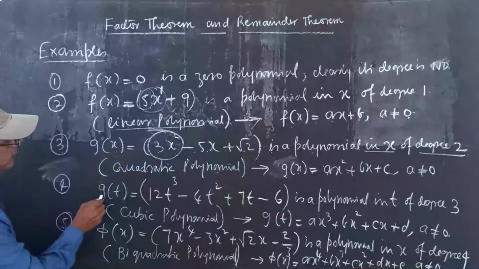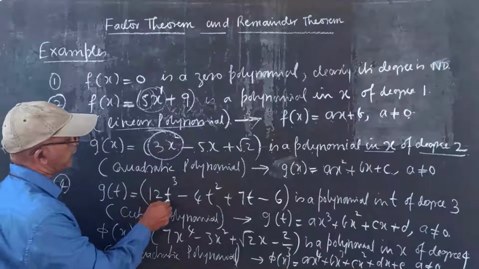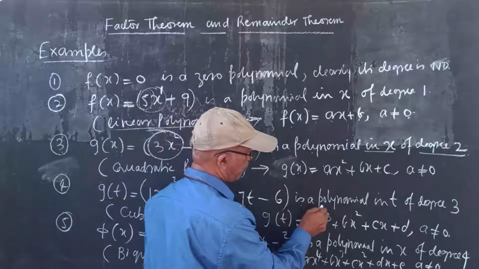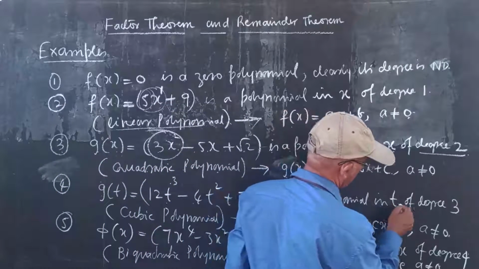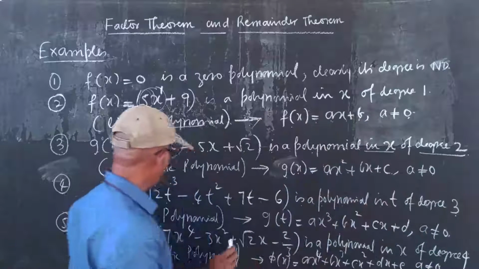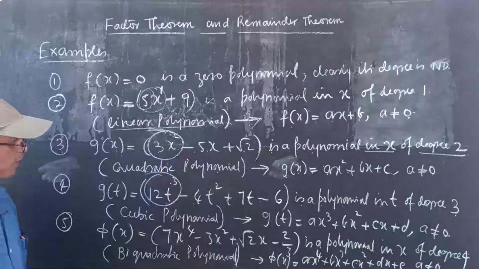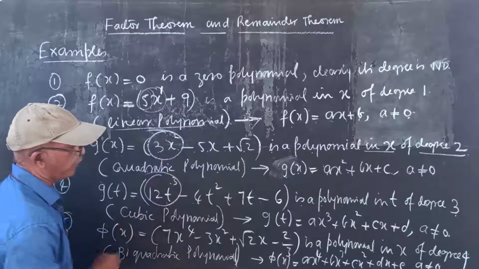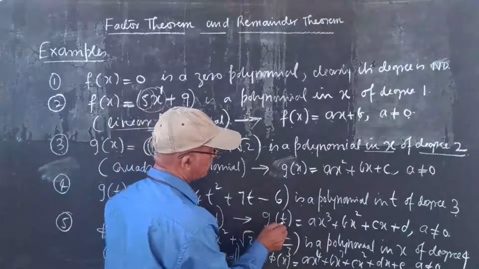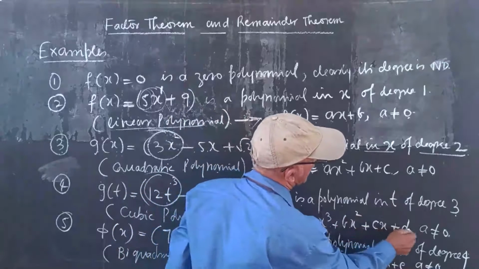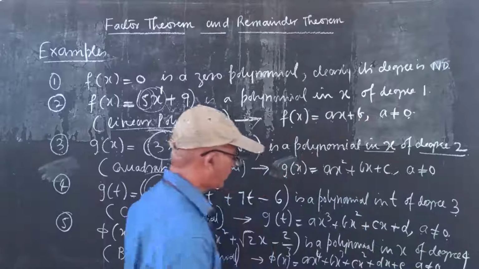Then g(t) is equal to 12t cube minus 4t square plus 7t minus 6, a polynomial in the variable t of degree 3. So here the leading term is 12t cube and it is called a cubic polynomial. The general form is g(t) is equal to ax cube plus bx square plus cx plus d, where a not equal to 0.